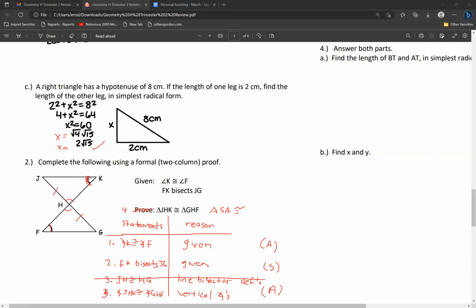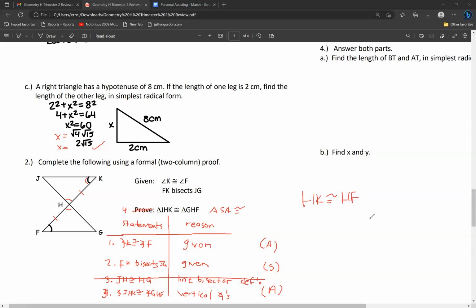There's one angle. Actually, wait a second. Did I mess that up? Let's see here. We know this angle. We know this side. Actually, maybe we say HK is congruent to this one. Then we'll have angle, side, angle. Do we know that HK is congruent to HF?